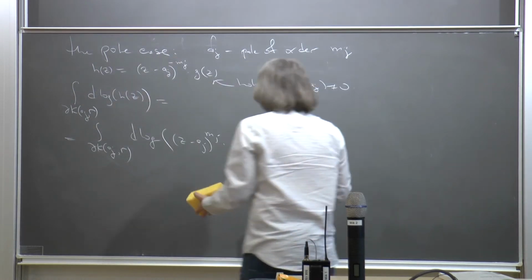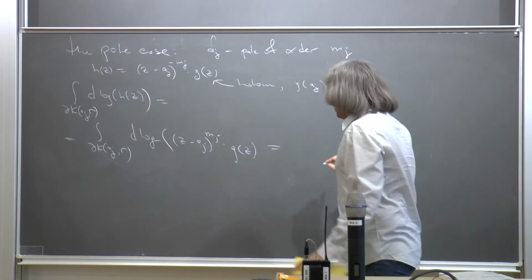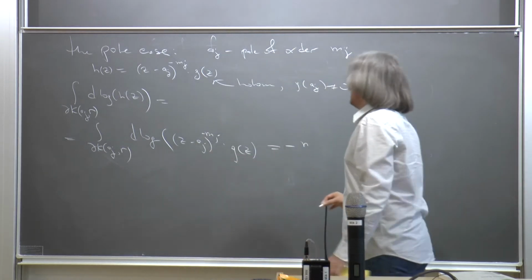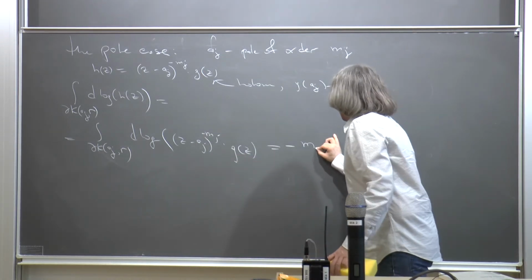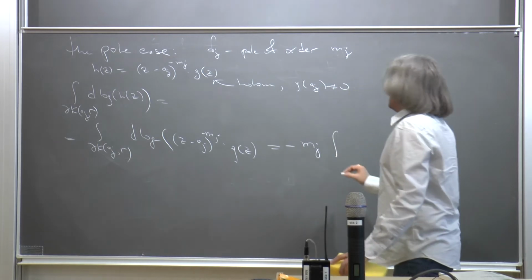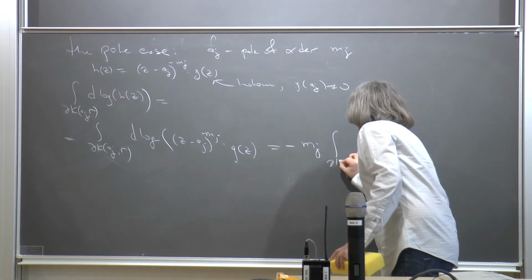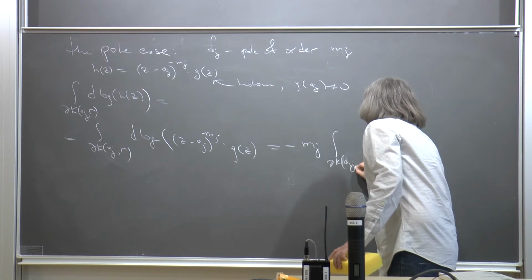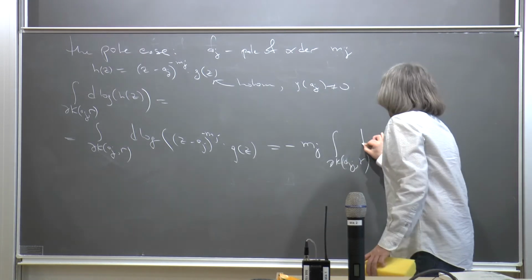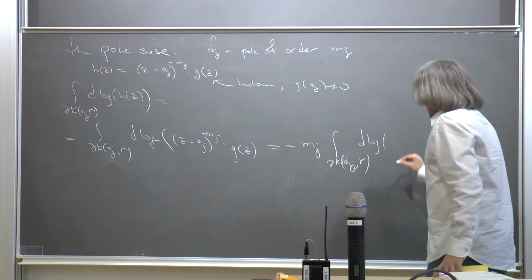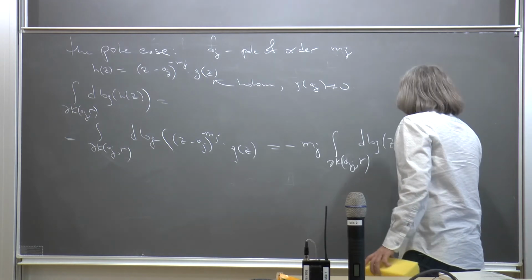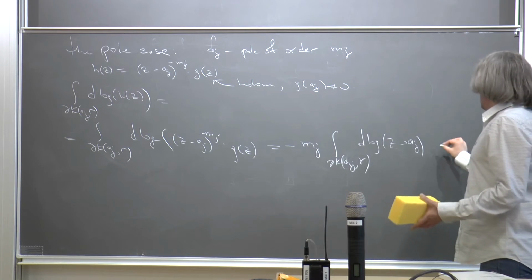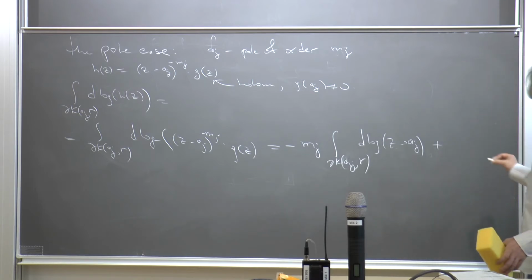And that's where we use these rules, and it becomes minus m_j times the integral over the circle around a_j of radius r of d log (z minus a_j), plus something which will be zero.